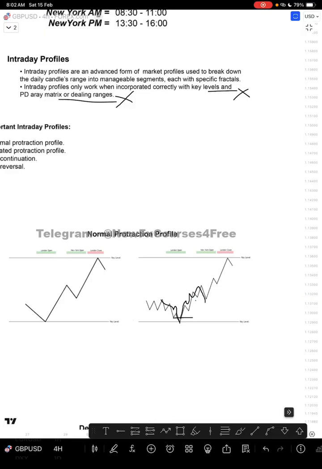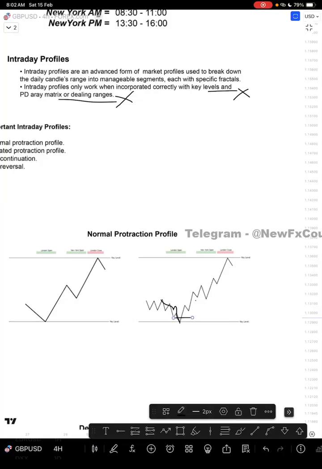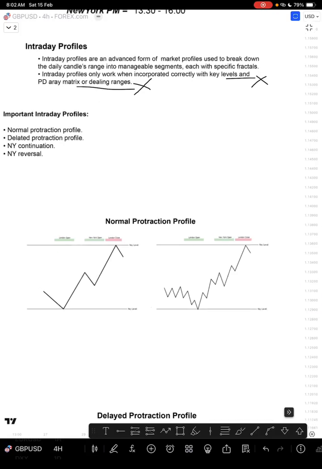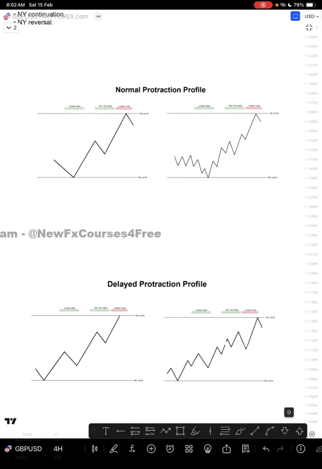So study these images because this will be your blueprint as an intraday trader or a day trader.